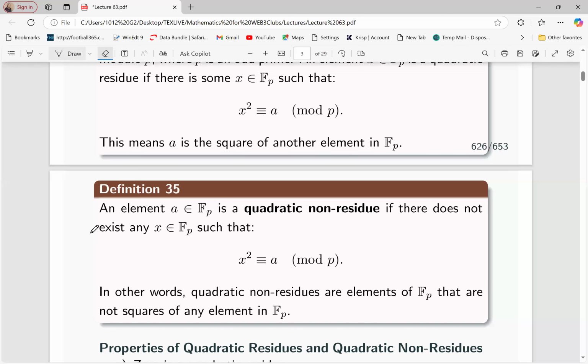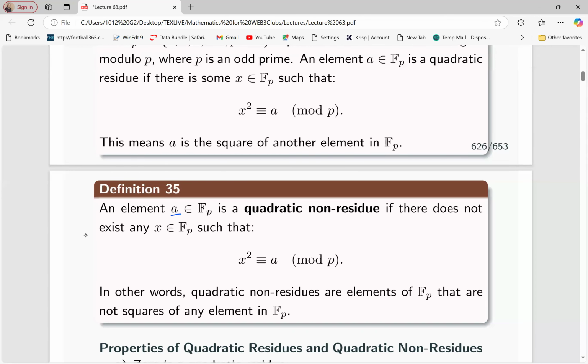So the definition says an element a is called a quadratic non-residue if it has no square root. That is, if you cannot obtain another number x that, when squared, gives you a, then this a is a quadratic non-residue.